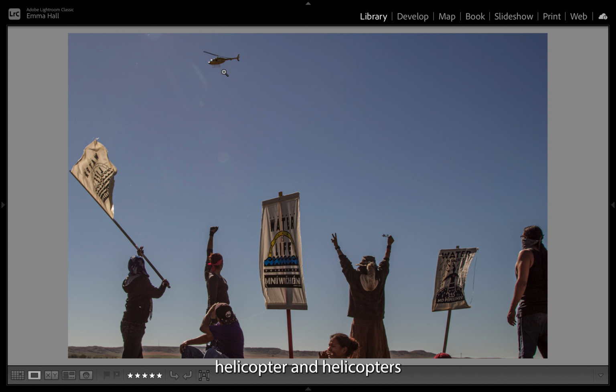And the helicopters were a very important piece of information during these protests because they were either police helicopters or press helicopters. So either way, whenever a helicopter flew by or flew really low, protesters were all about waving flags, putting their fists in the air, putting up peace signs, and just standing up for what they believed in.